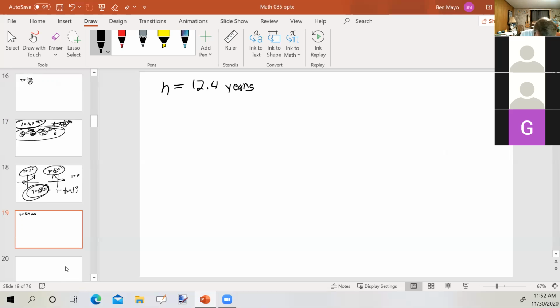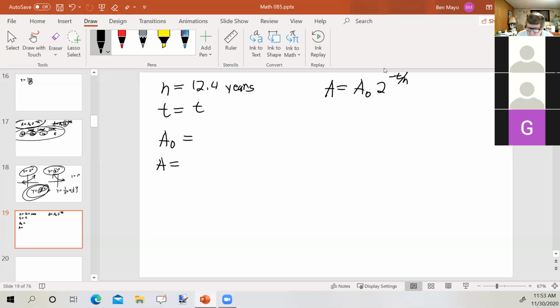How long will it take? So the time is the unknown, for 25% of a sample of tritium to decompose. All right. Now, our formula is A equals A sub 0 times 2 to the negative T divided by H power.